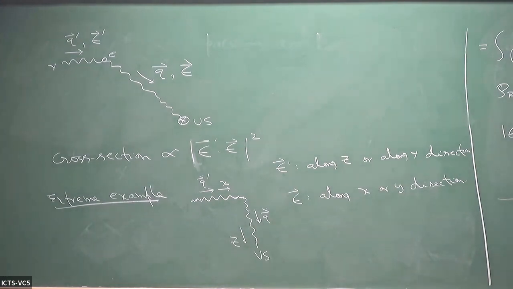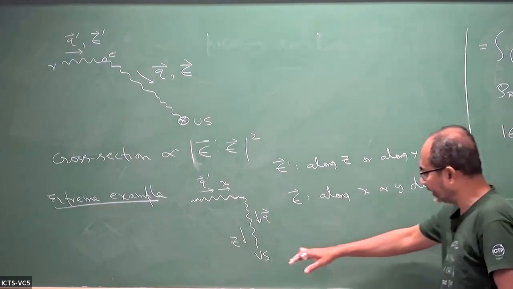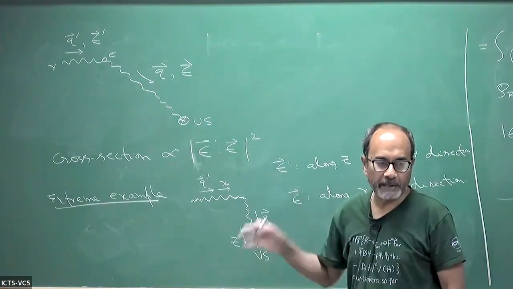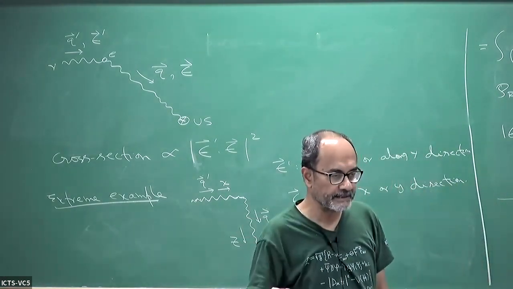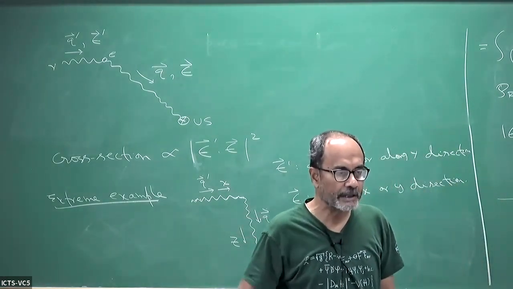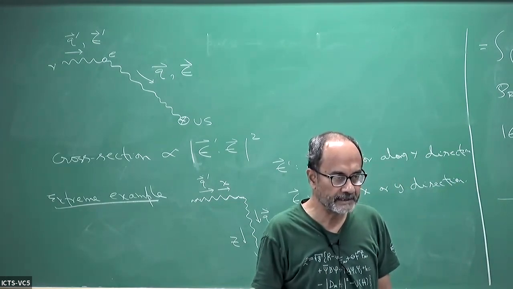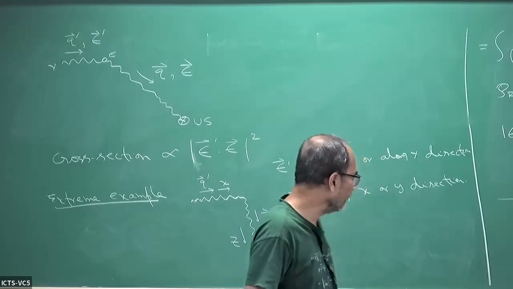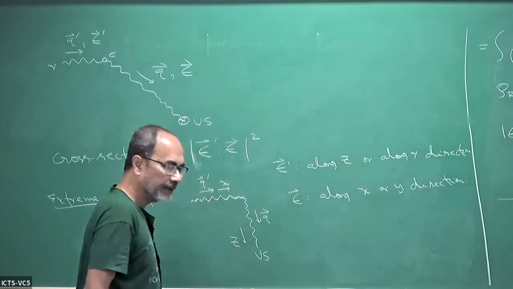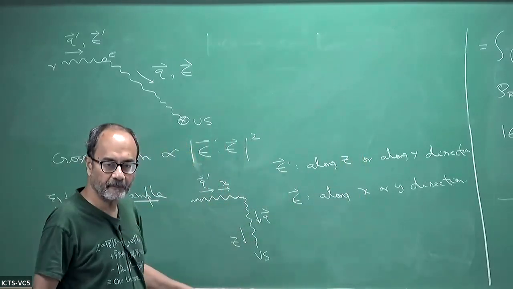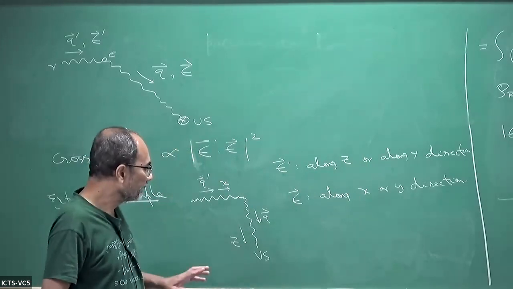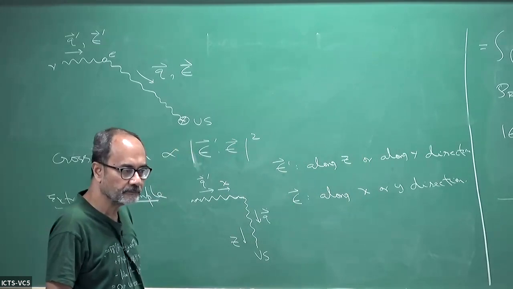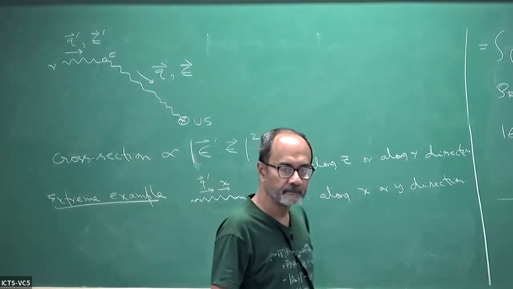In this case, if you had an experiment sitting here measuring the polarization of the photon, you will find that it's always Y polarized. There is no X polarization in the photon, and that's what we call the polarized photon. For such events, all photons that reach us will be Y polarized. Is this point clear?